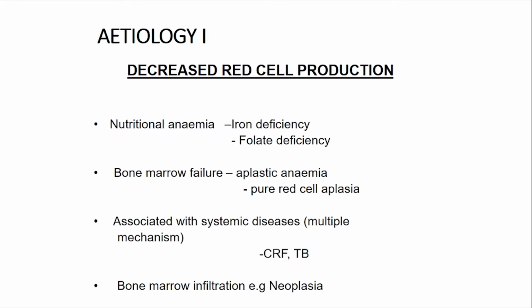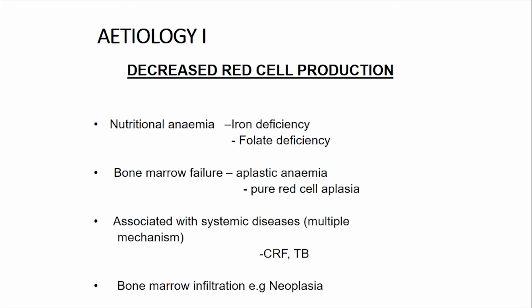Also, what are the etiological causes of anemia? It could be from decreased red cell production, and this could result from nutritional anemia, which is the commonest cause of anemia in this environment. This nutritional anemia could be from iron deficiency and folate deficiency.